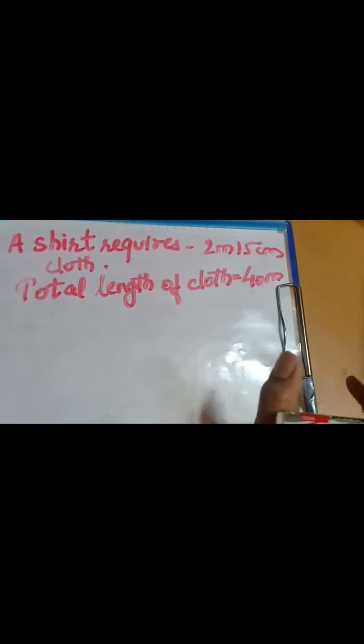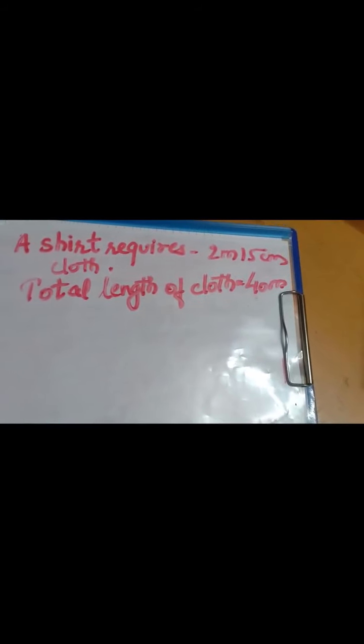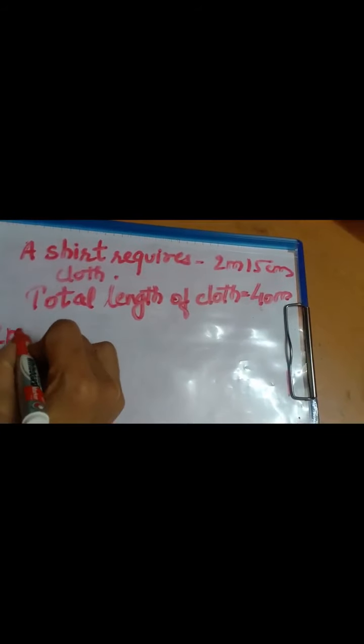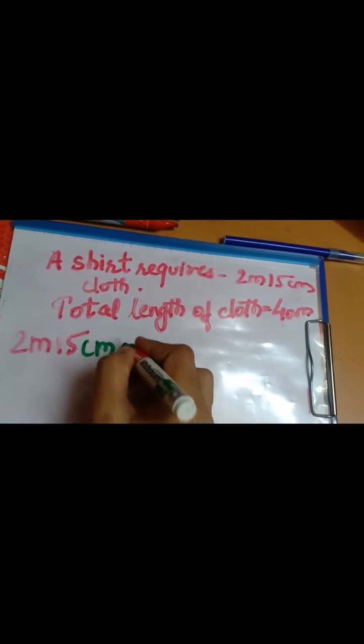So here the length of the cloth is given in meters as well as in centimeters. So for our convenience, we first convert it into centimeter. So here 2 meters 15 centimeter. Now we'll convert this first into centimeter.